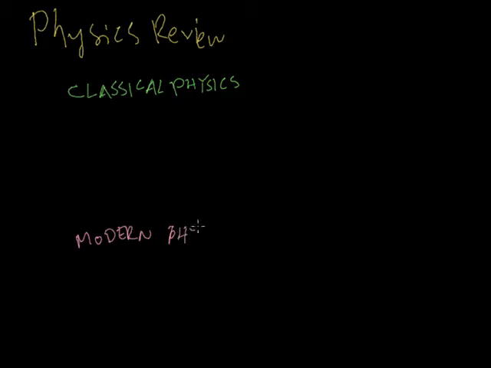So one is called classical physics, and the other is called modern physics. So you can break physics down into two parts: classical physics and modern physics. Now let's start with classical physics first.